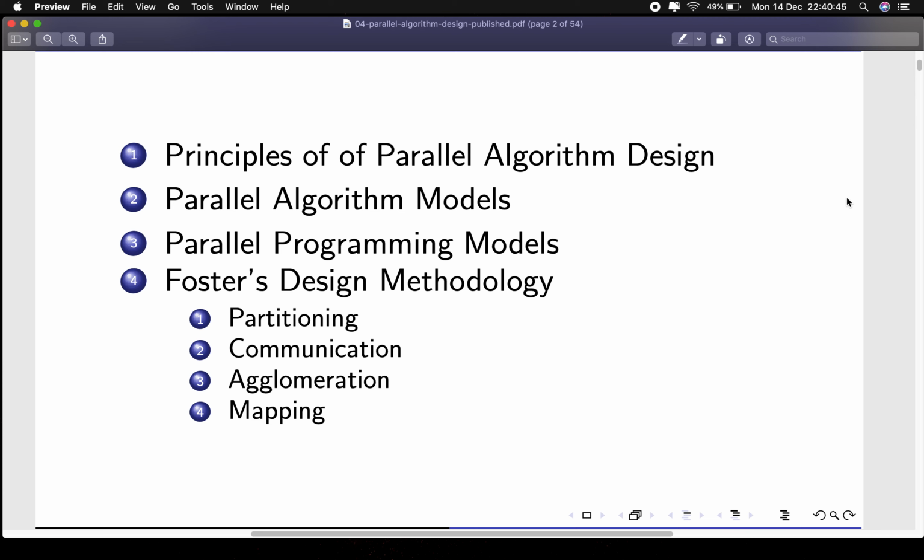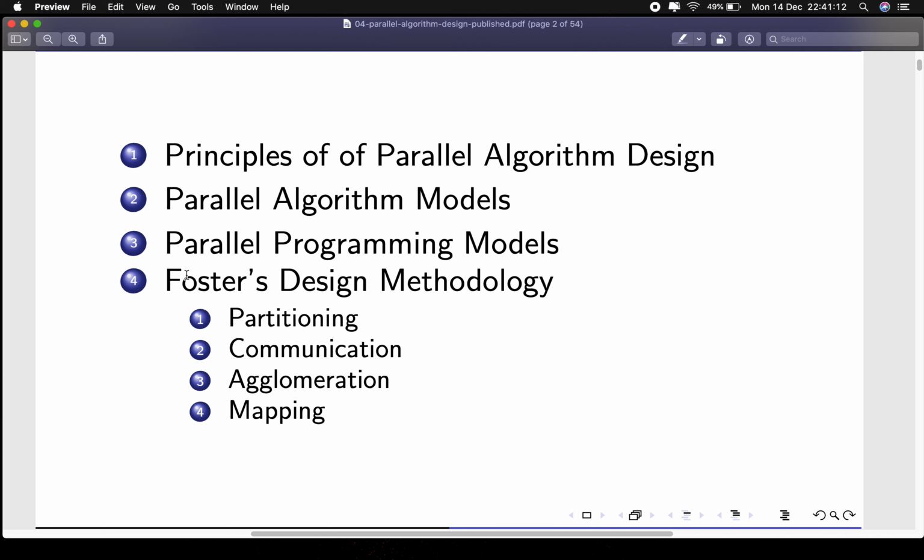understand all the theory. Basically, the subtopics we are going to look into are the principles of parallel algorithm design, parallel algorithm models, parallel programming models, and the design methodology.